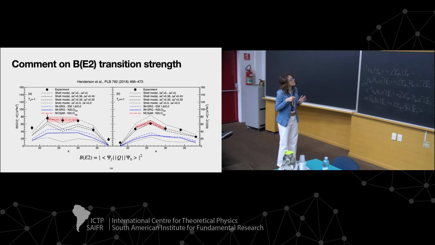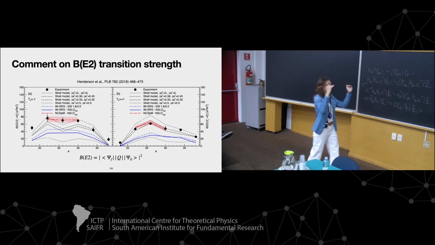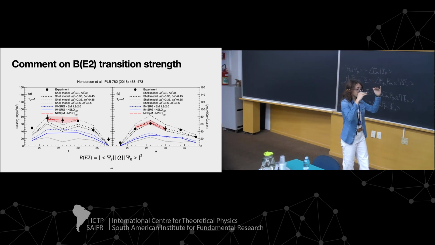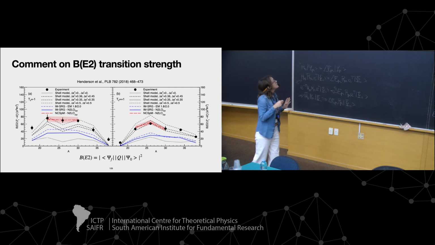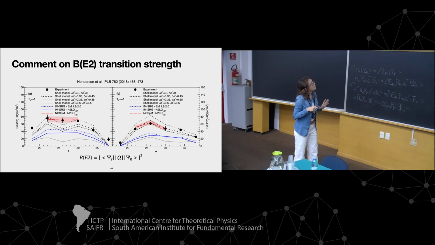Here we are considering mirror nuclei, so it means they have the same number of particles, but different numbers of protons and neutrons. The idea is to compare the experiment, which is black, with the ab initio curve from IMSRG, which is the blue one. We actually see that we are not really able to reproduce these experimental values for the B(E2)s.